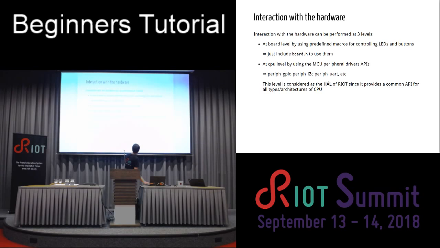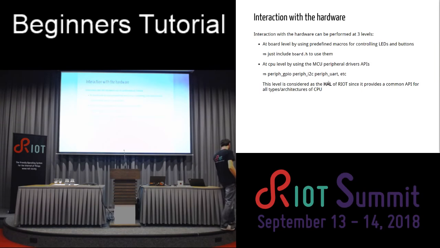And the third level is high-level drivers that are built on top of this abstraction layer to access sensors, actuators, or radio devices. So it's just a matter of importing the module BMP180, or HTS221, the one that we use later, or the SX1276 LoRa radio.